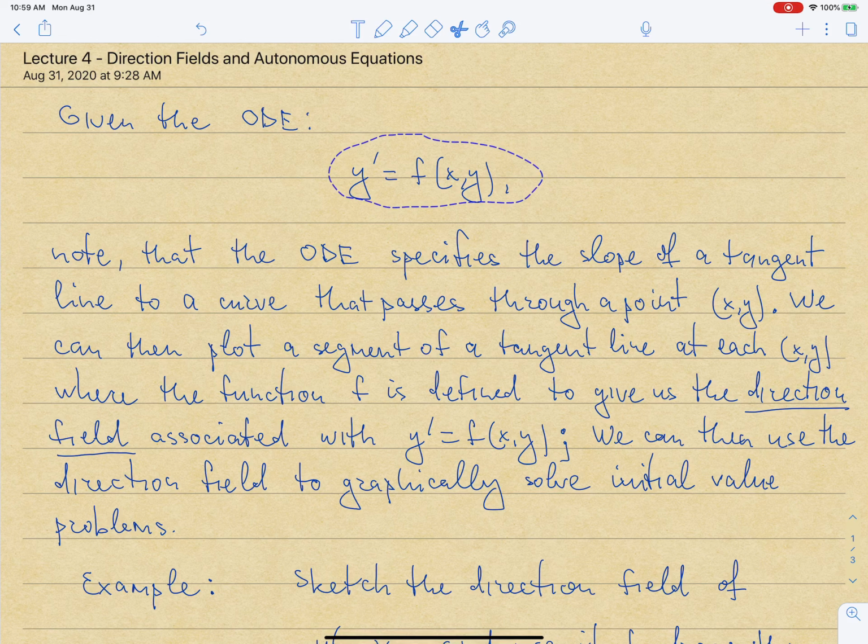Because y prime is the slope of a tangent line. So wherever your function f is defined, you know what the slope is.